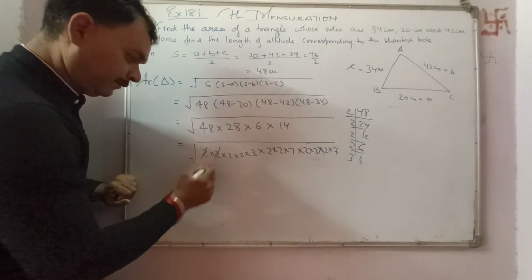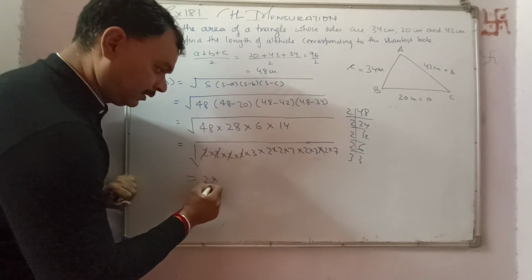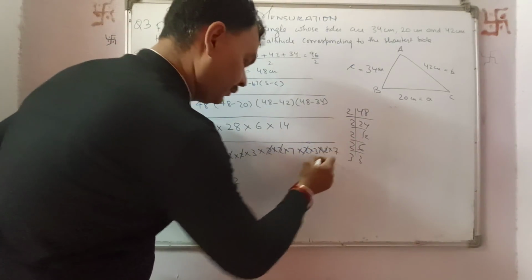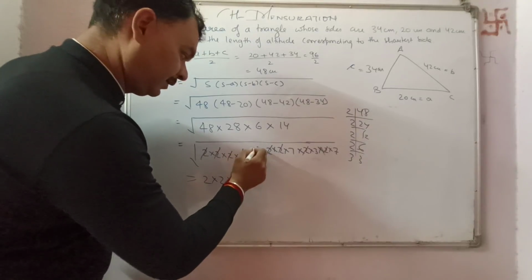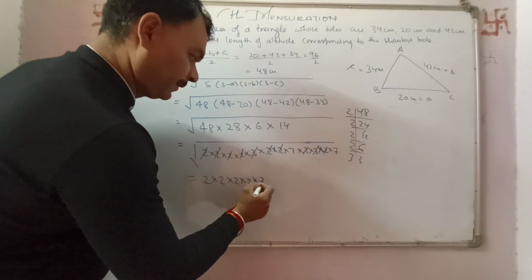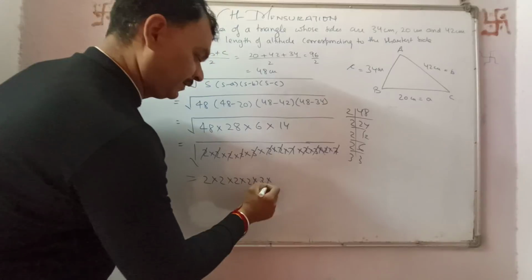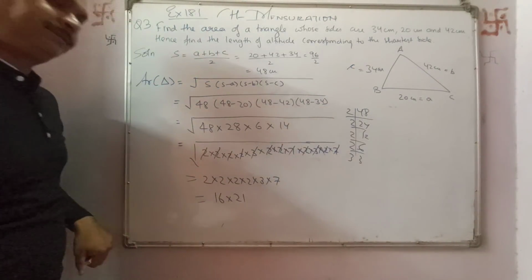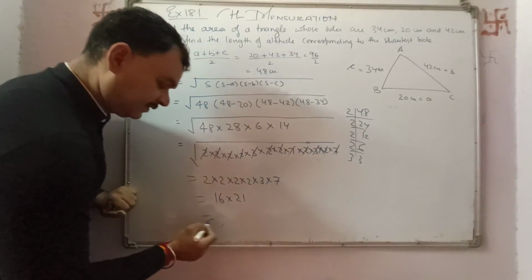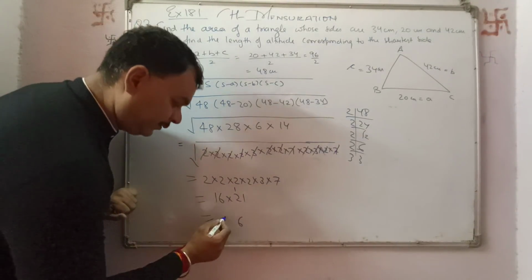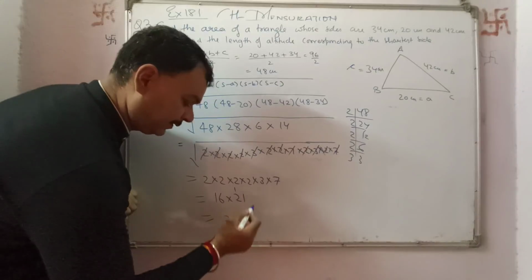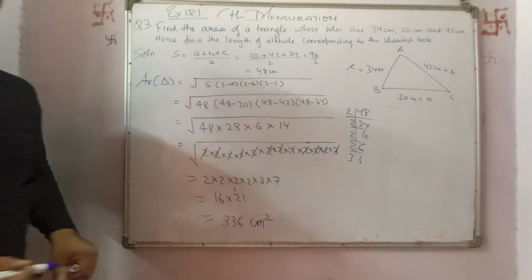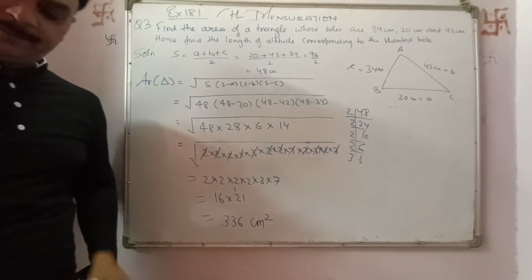One 2, another 2, one more 2, one more 2. Then 3, one pair of 3, and we have one pair of 7. Now 16 into 21, that is 336. So 336 centimeter square is the area of the triangle.